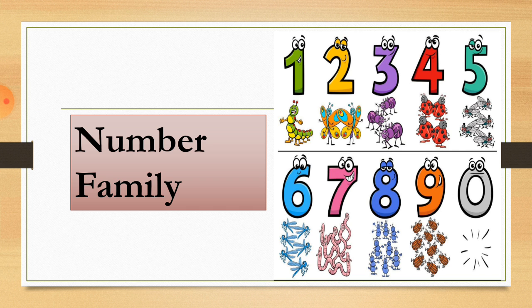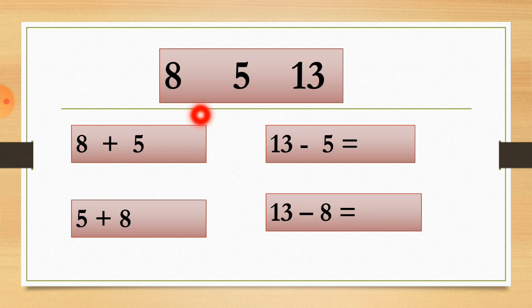So which is the number family? If you have doubt about this number family, I will take some examples. Always take these numbers, which are 8 and 5. Here is the addition of these numbers: 8 plus 5 is equal to 13. I am taking this number here because this is the family. Whenever it is a family, these two digits are counted together, 8 and 5.